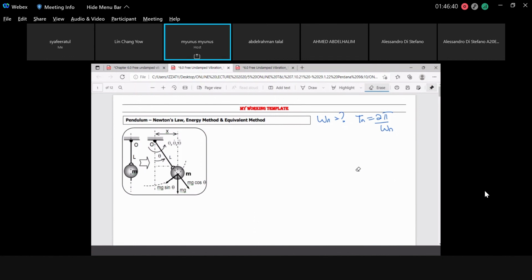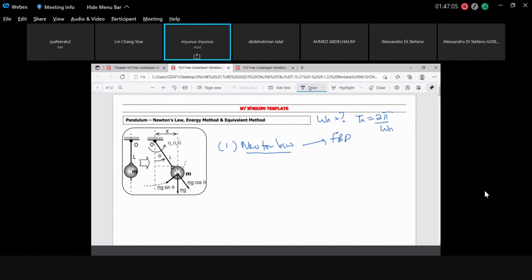Now, how is it? Number one, use Newton's law. As I mentioned earlier, when you deal with Newton's law, you must have a free body diagram. So it's compulsory to construct the free body diagram.